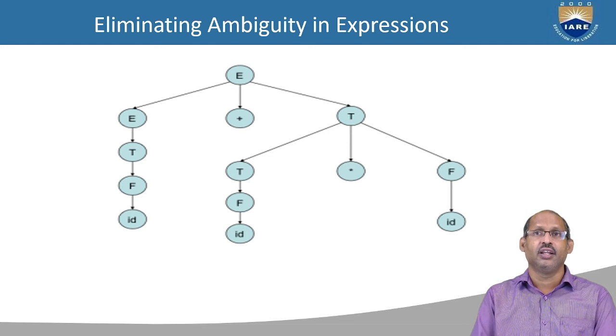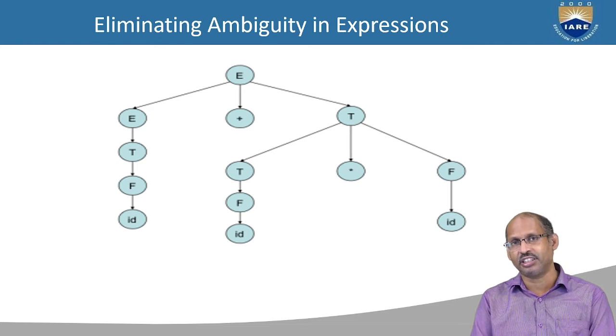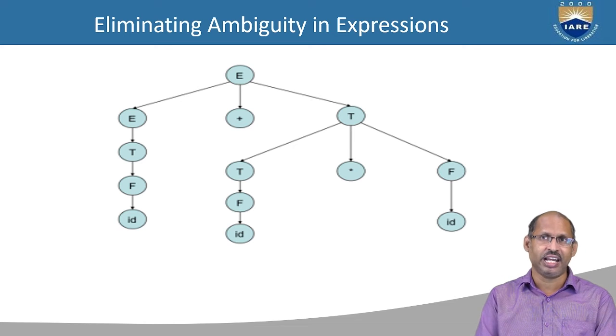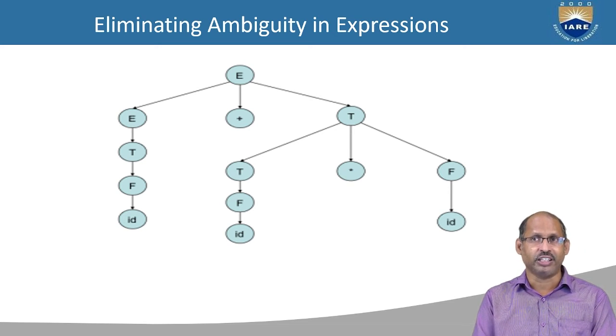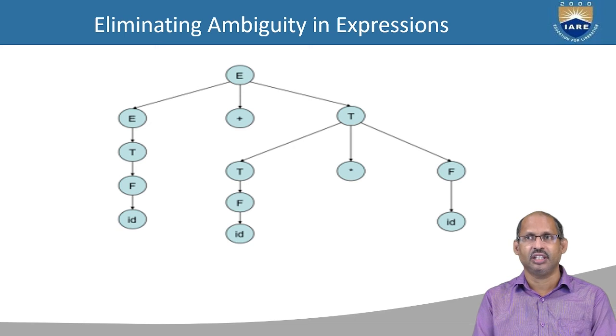So here expression gives E plus T, then expression gives term, term gives factor, factor gives identifier. Then term gives term into factor, term gives factor, the factor gives ID.